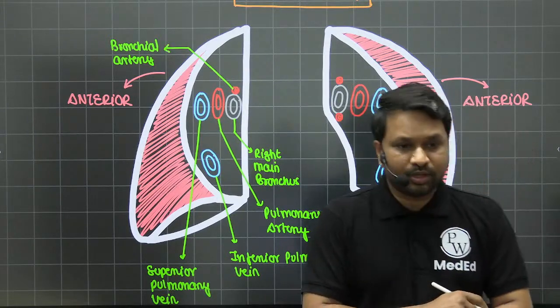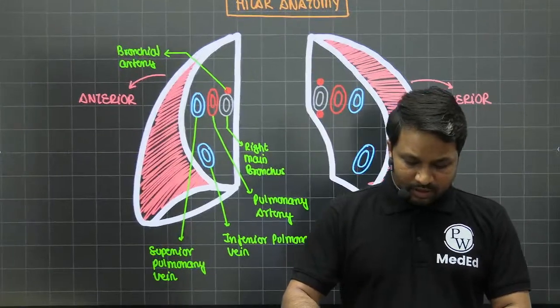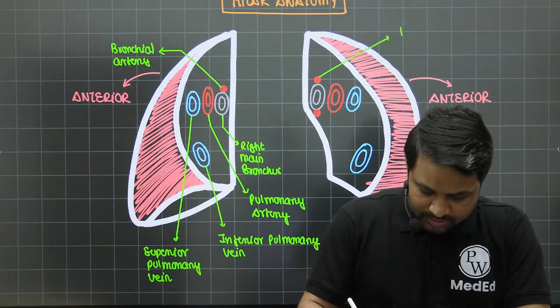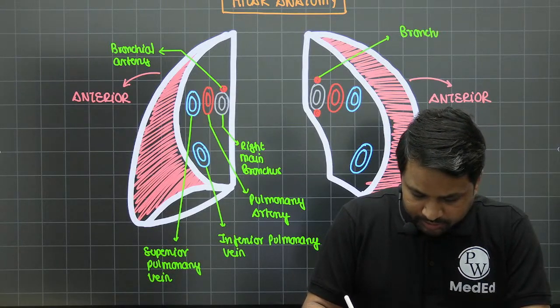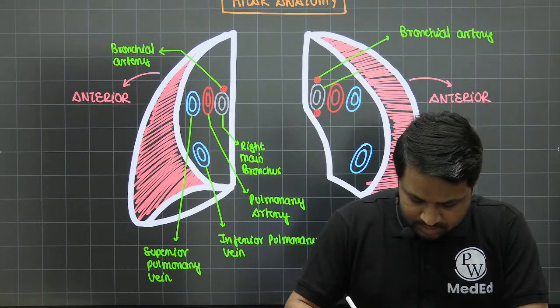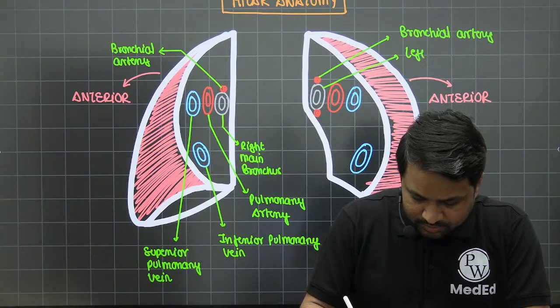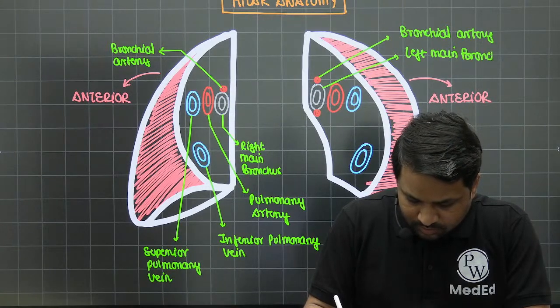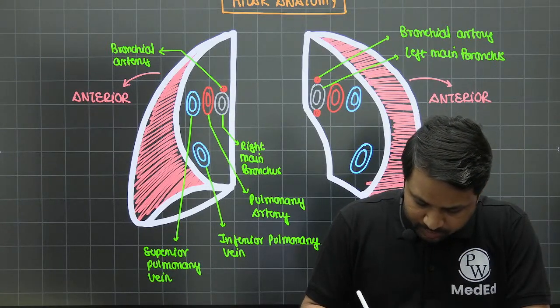This is your bronchial artery, right? The same thing you can see on the other side also. So this is your bronchial artery. This is your left main bronchus. Then you have the pulmonary artery.